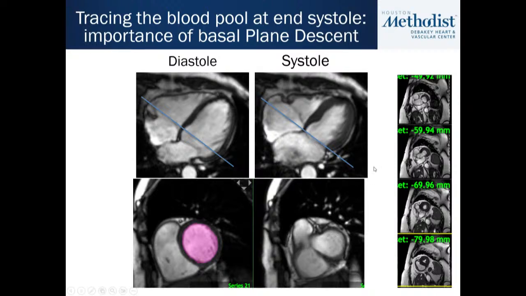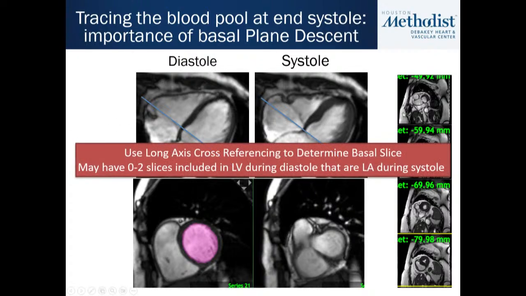Account for these when you're tracing these, and this is where experience becomes very critical to really achieve that high inter-observer variability with MRI. So you use that long axis as a reference to where you trace or where you don't trace. That's very important for the right ventricle.